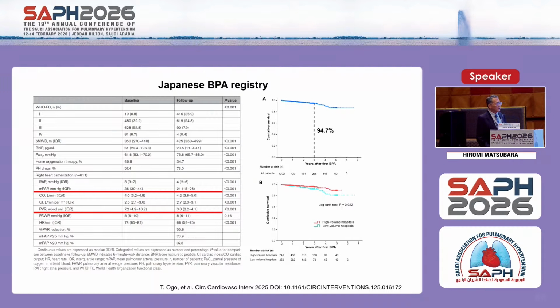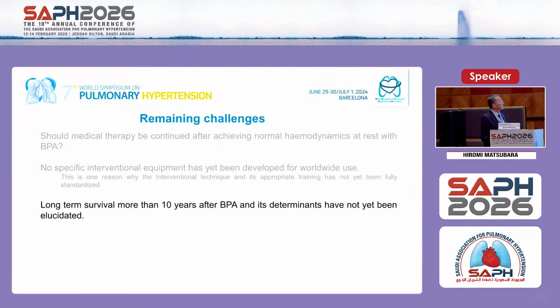Because we started this procedure in 2004, we have more than 20 years of experience. In Europe, the first center that started BPA following us was Vienna, but that was 2014. So at most 10 years of experience exist in the world.